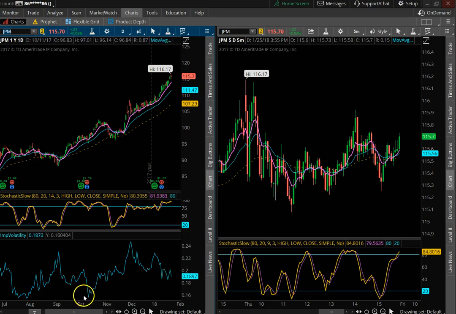It's real important that you start to recognize when volatility typically starts to go up, because that's going to be free money in your pocket. Vega is the amount of money that the option premium is going to go up for every 1 point move.